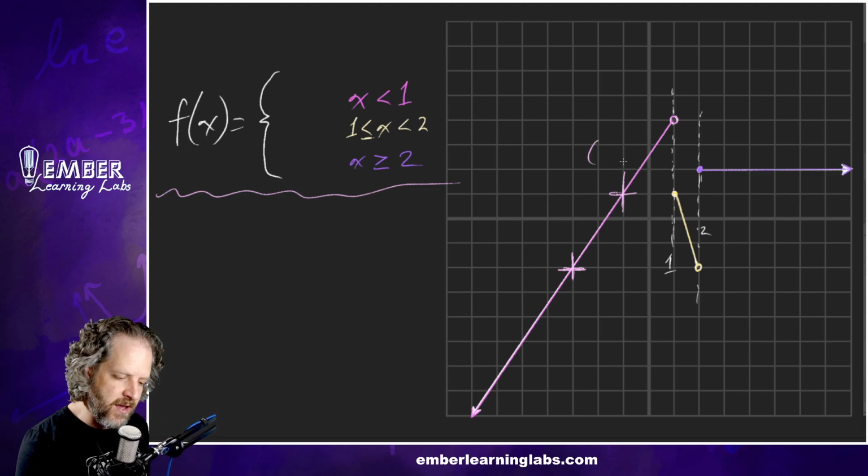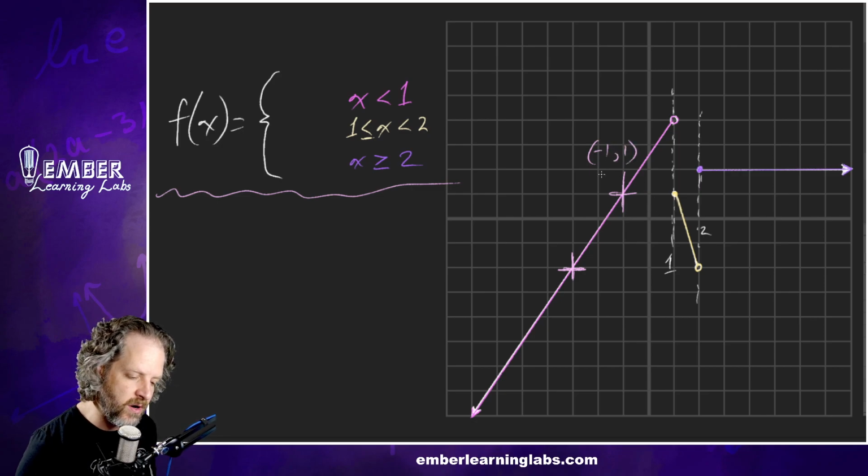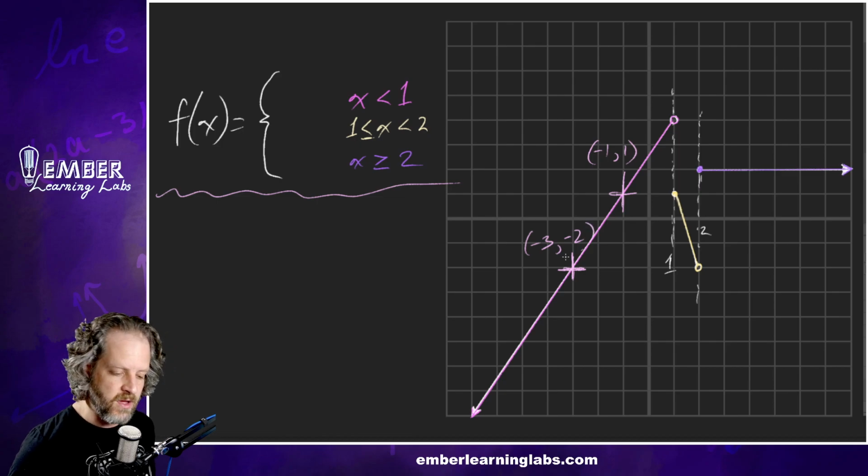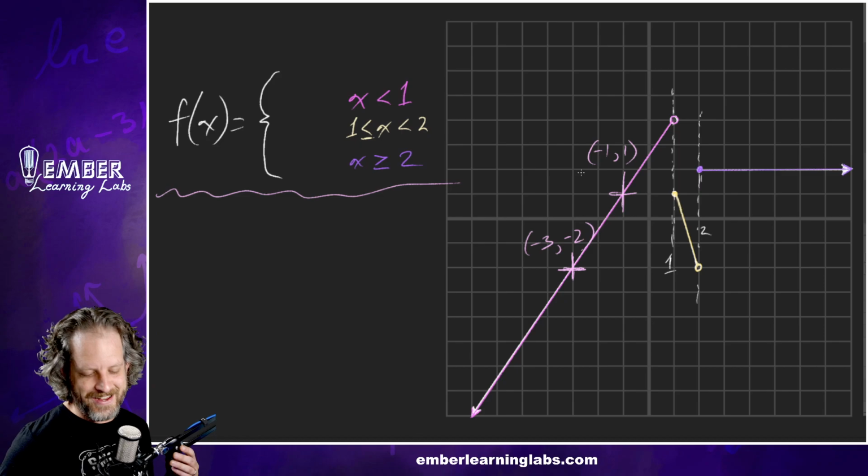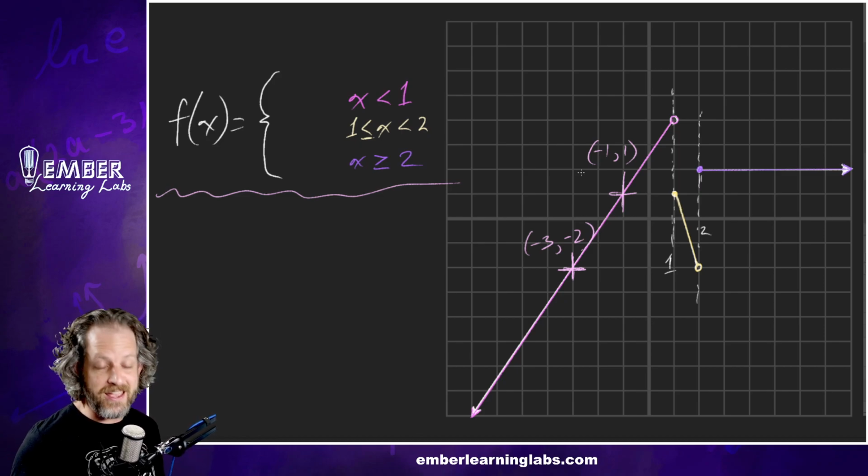So this point right here is -3, -2, and this one is -1, 1. Just like we did recently, we're going to write the equation of the line that passes through those 2 points. So we're going to find the slope of the line.